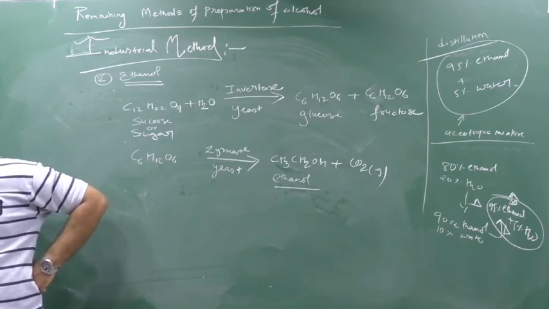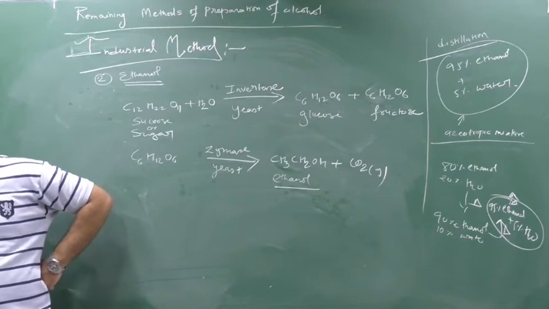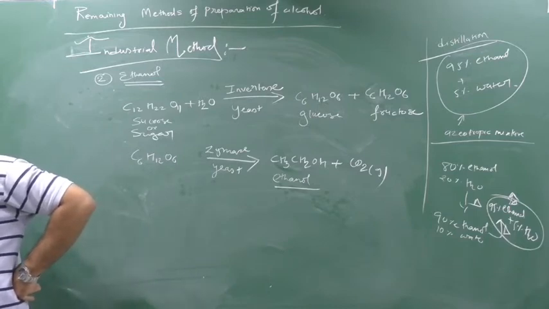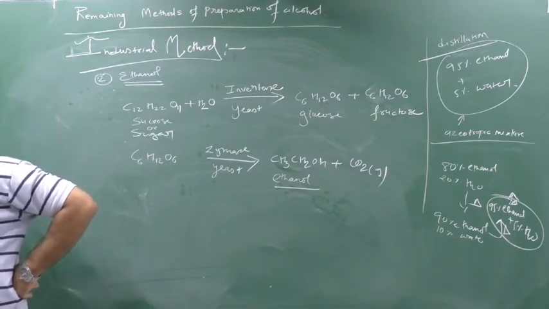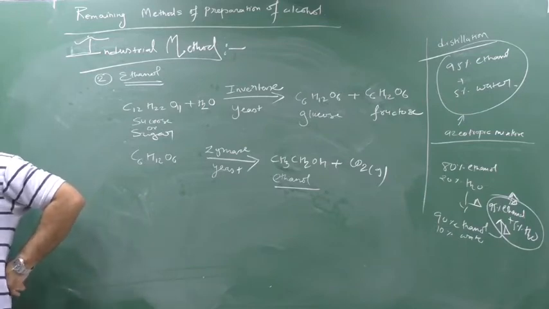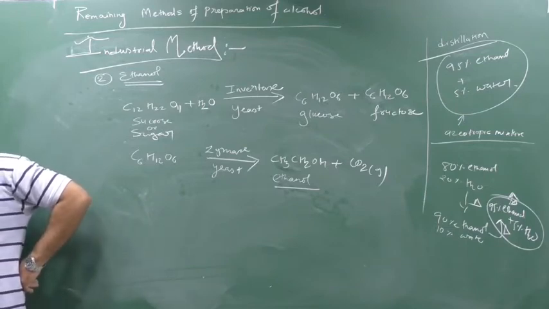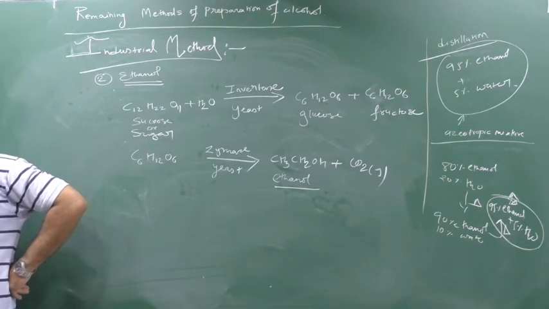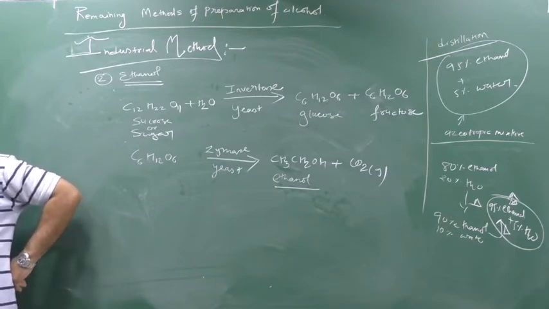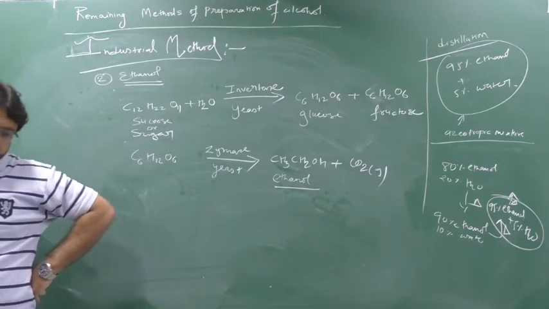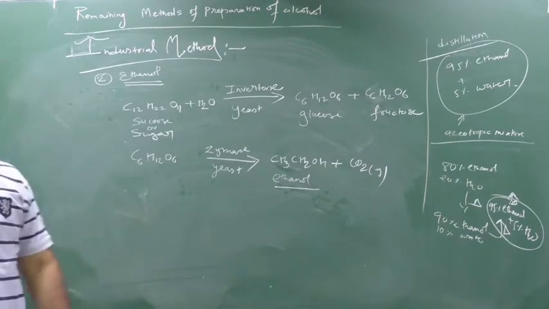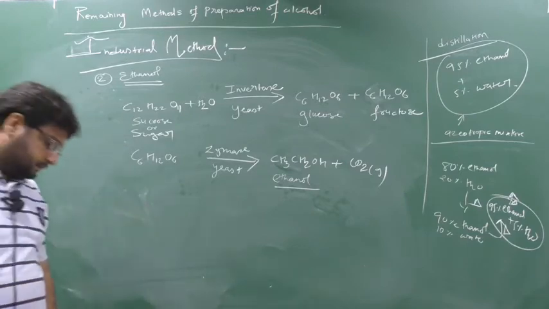Sugar is present in the molasses, which is fermented by the enzyme invertase. Glucose and fructose are formed.